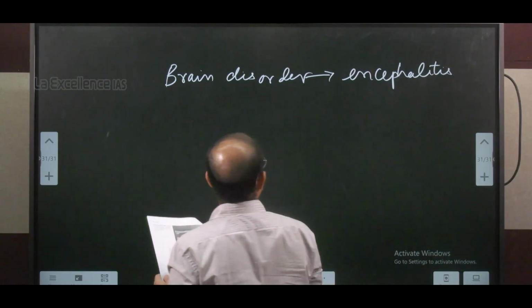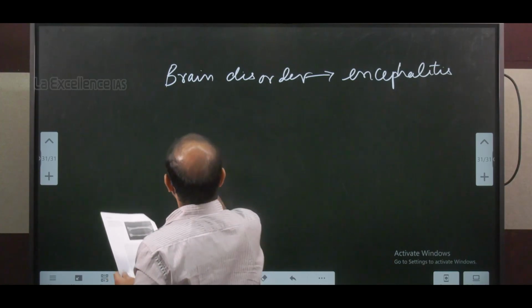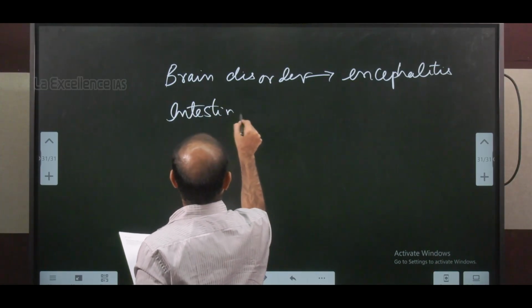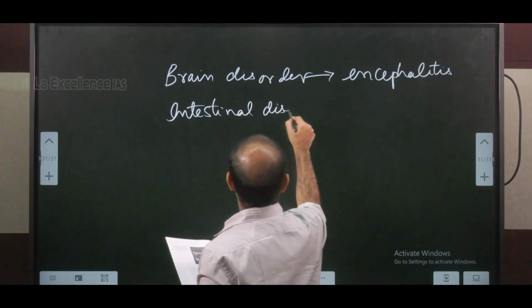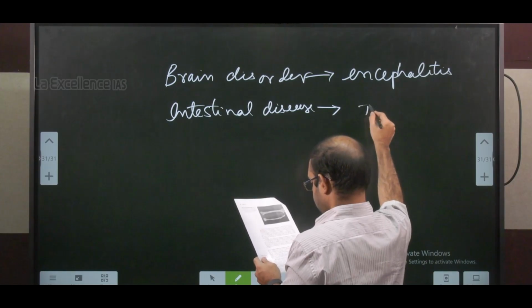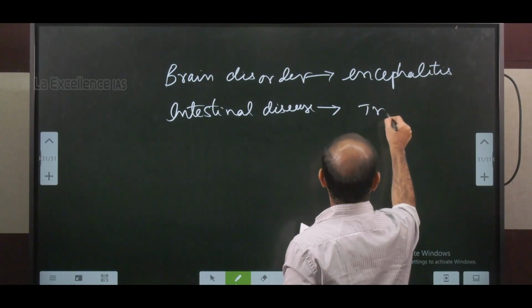So you can have brain disorders like encephalitis, or intestinal diseases like trichinosis.